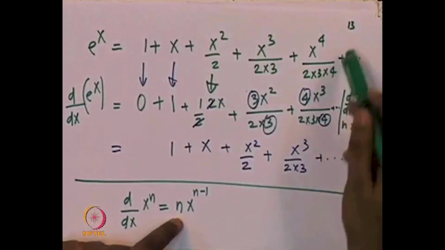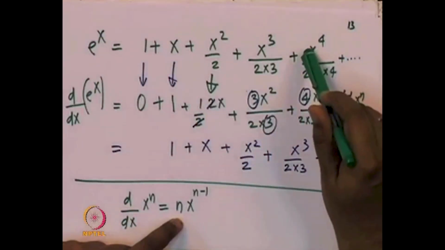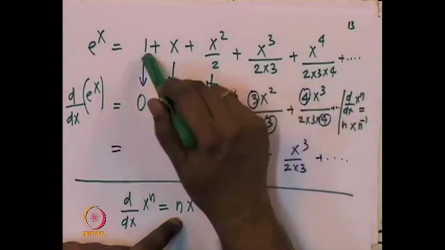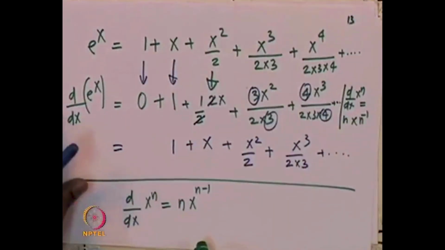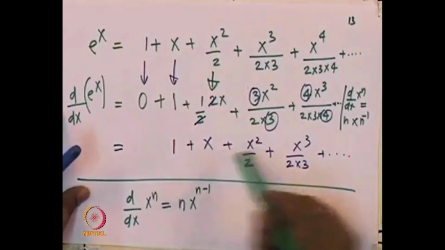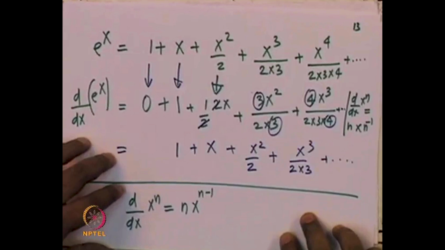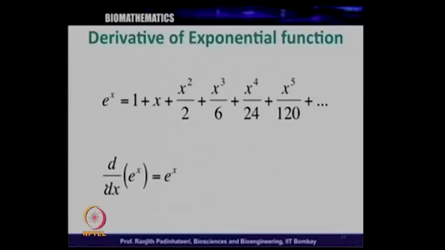If we take the next term, the x power 5 term, and find the derivative, you will get this. Since this is an infinite series, you will get exactly this as this. What does this mean? This means that the derivative of e power x is e power x itself. So, this is one thing we learn: the derivative of e power x is e power x itself.